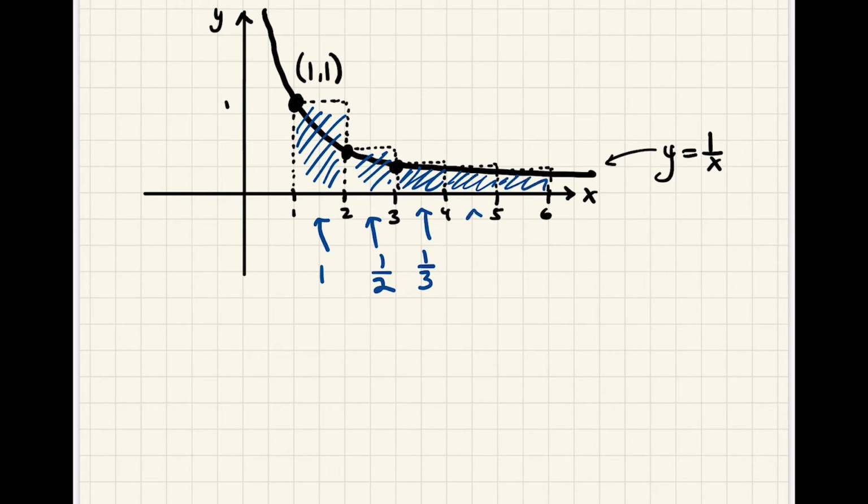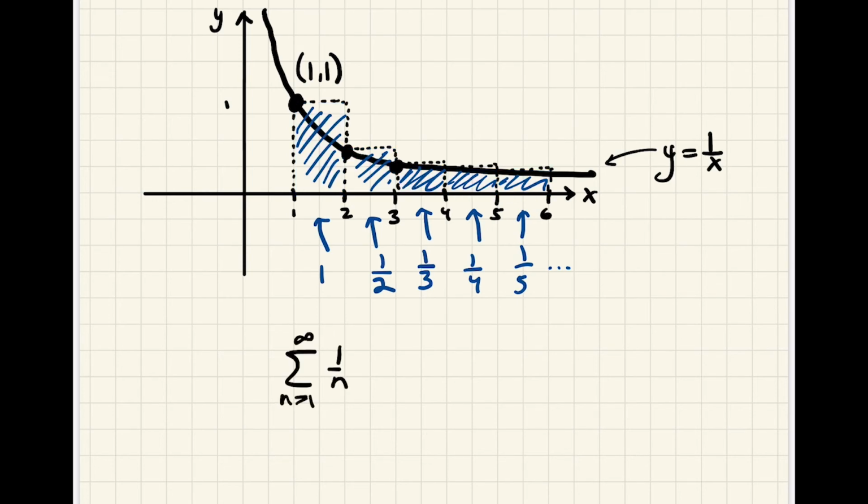So this is an area of 1/4. This is an area of 1/5, etc. Now, would you accept that the sum of the harmonic series, 1 plus 1/2 plus 1/3, etc., is represented visually by the areas of these rectangles? So the sum of all of these areas would be equivalent to the sum of the harmonic series.